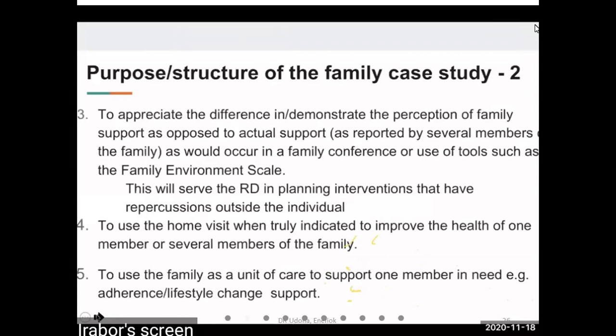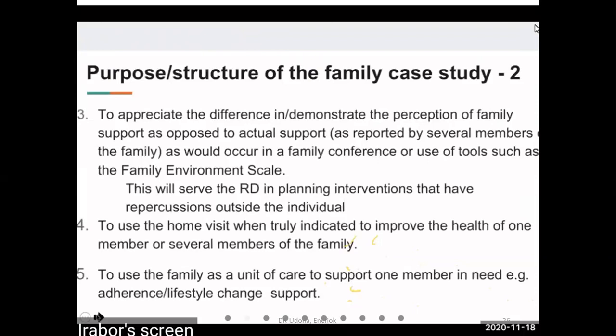Because if you have identified the structures available for this patient to be managed, you want to be sure that those structures are actually giving that support, not just perceived, because he has a mother and a father that is working and is having enough money that you believe that they will be able to assist.